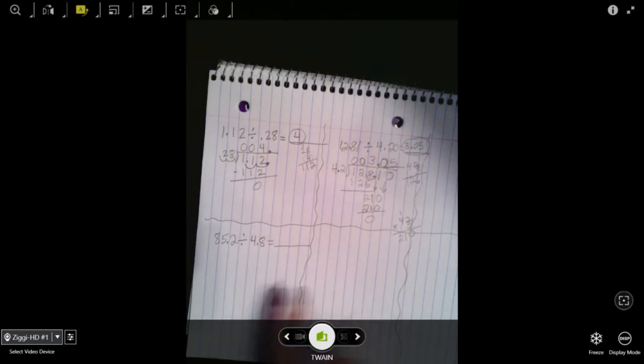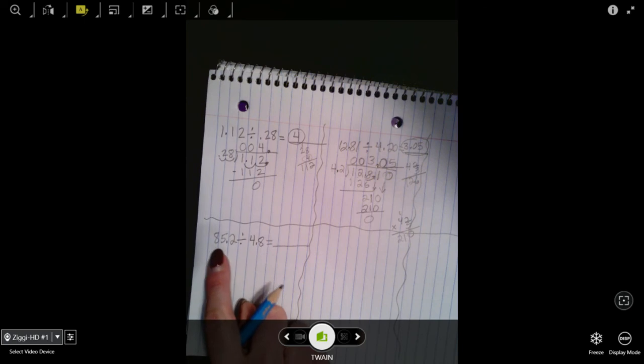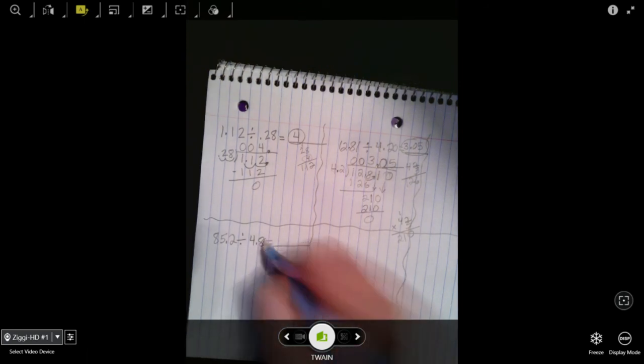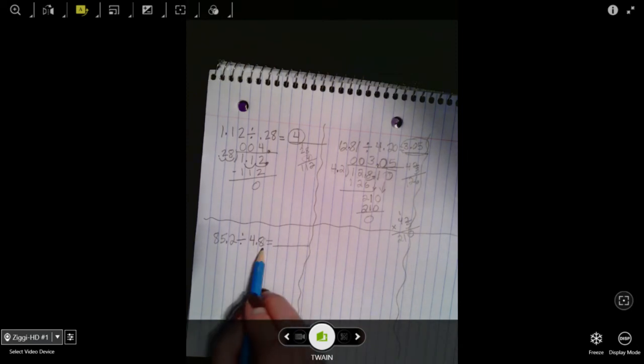And remember the gift card problem. If I have $85.20 on a gift card and I'm buying something that is $4.80, because remember, I can sneak a little 0 in there. And when we're talking about money, we need 2 places after the decimal.